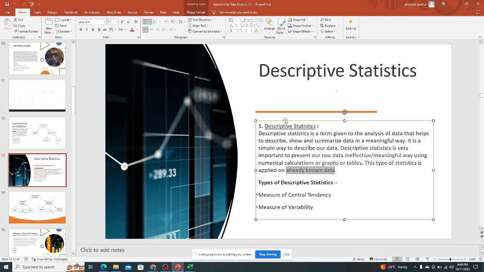And we have different types of descriptive statistics. We have measures of central tendency, measures of variability, and also measures of asymmetry. But measures of asymmetry, we'll learn more about under distributions. All right. Good.